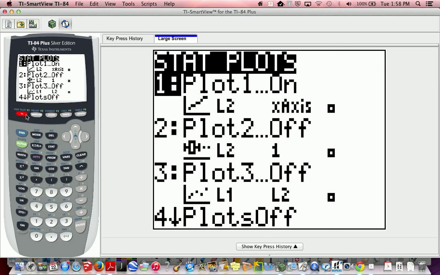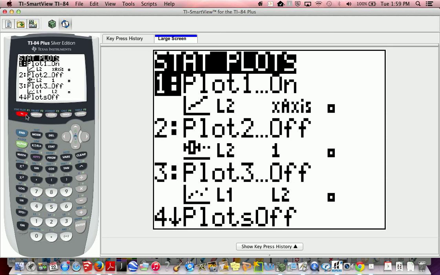Now, one of the things you need to be careful about is I only want to do one stat plot at a time. Depending on the last time you were in this menu, like when we did the 1.7 notes, you might have 2 stat plots on. You might not have any on.